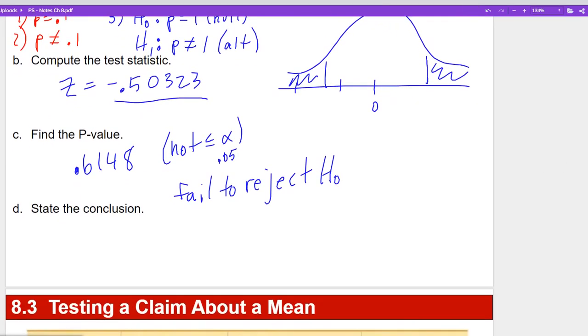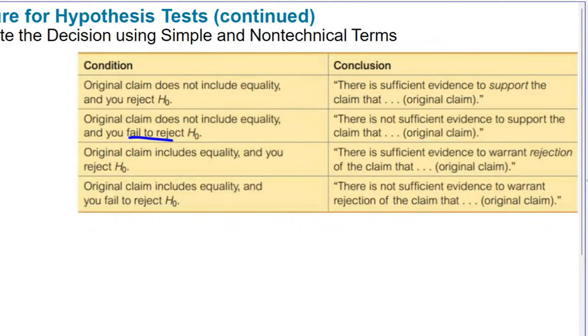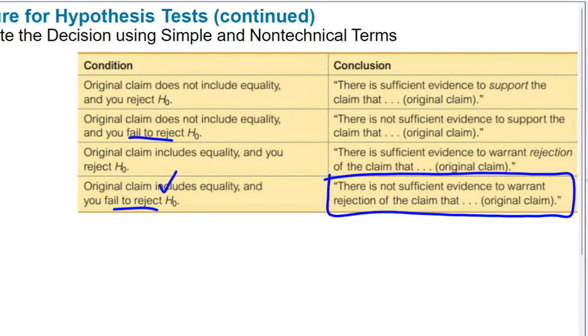So think about the conclusion. You got to go to this box again. So we're going to fail to reject, and the original claim includes equality. So the language looks like this one. There is not sufficient evidence to warrant rejection of the claim. So that's what we have to say.